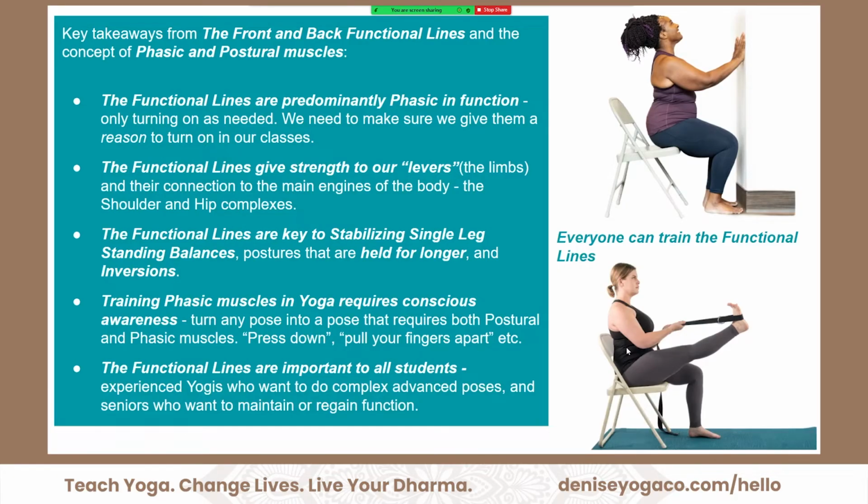So what are some ways that I can activate them? This is how we think of it. The functional lines give strength to our levers. Like if this thigh was down and you just put the knee forward, you really wouldn't need your core turning on. But when you bring the whole leg up like that, now you need that. And that's really easy to prove in your own body.